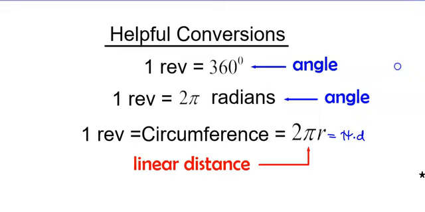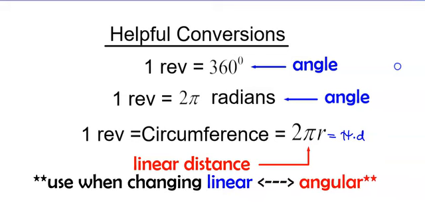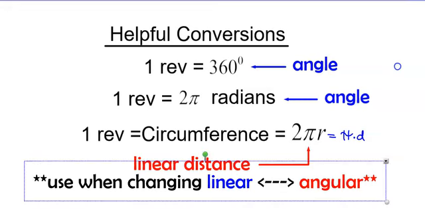And that linear distance is something that's going to be measured in inches or feet or miles, or some sort of length that we are used to seeing, meters, things like that. So that one is important when you are switching between linear distances and angular distances. I wish I would have made these the right color.